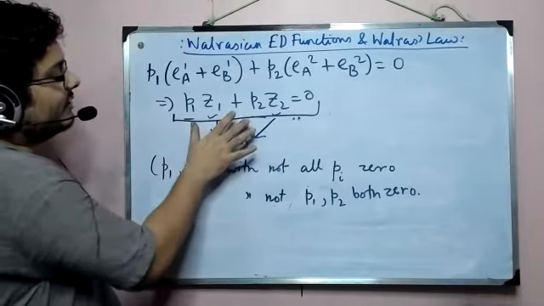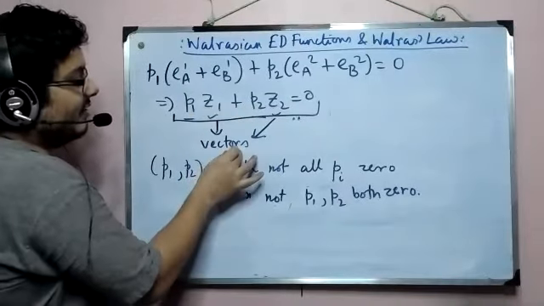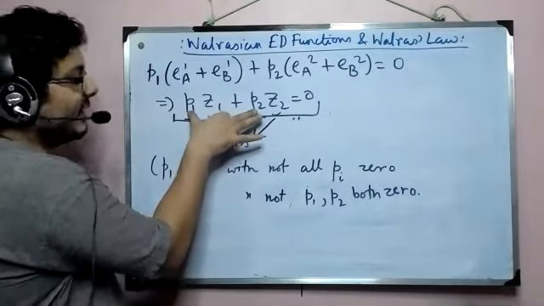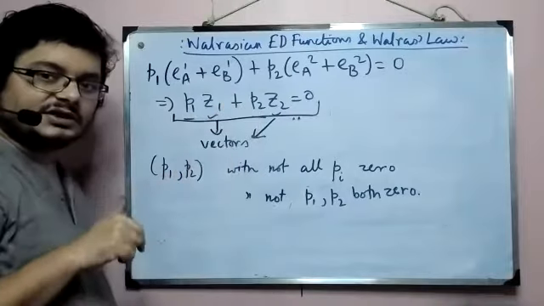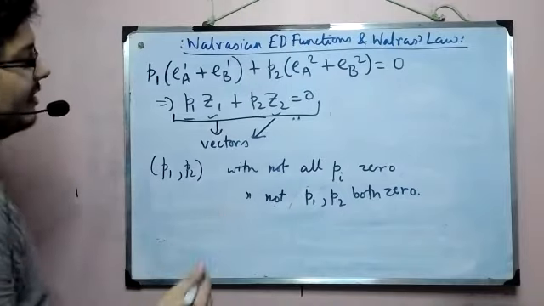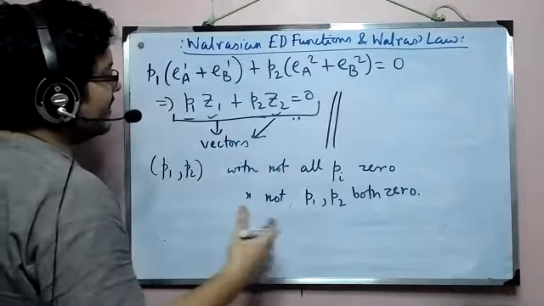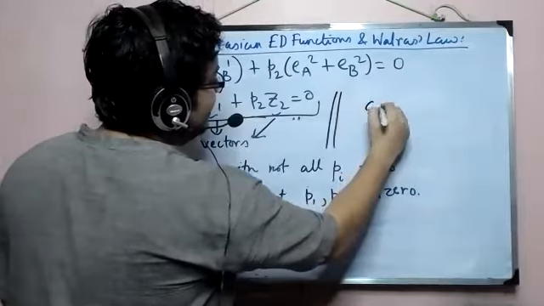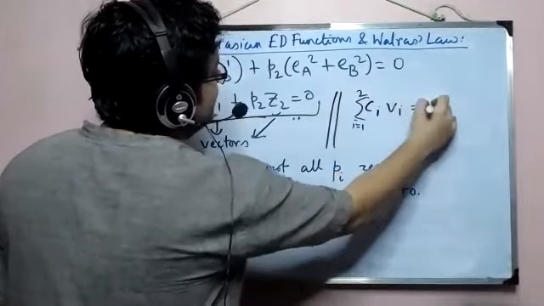So what we have here is that these two are vectors, summed by multiplying P1 and P2, which for our purpose are positive numbers. To give a different interpretation, we are looking at a linear combination.